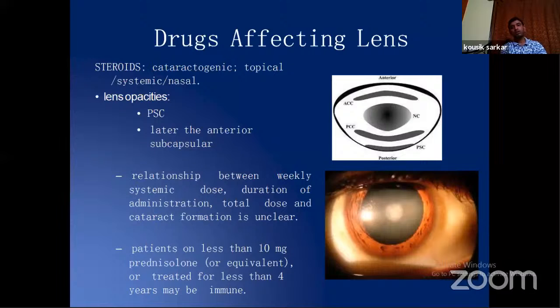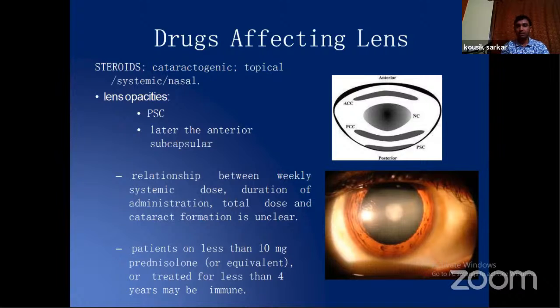Now coming to drugs affecting the lens, as you all know, steroids in any form, topical, systemic, or nasal drop or spray, can cause lenticular changes or cataract formation. In patients having steroid therapy, the lens opacity is usually a posterior subcapsular opacity, or an anterior subcapsular opacity.